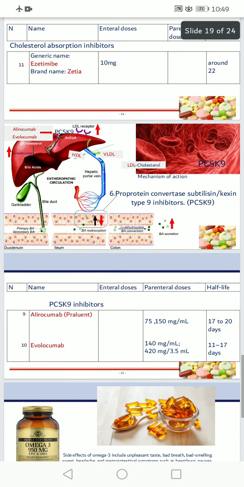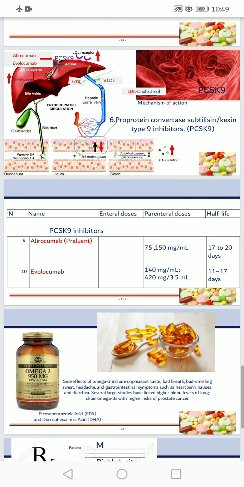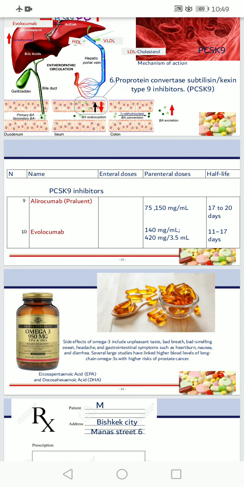And next is PCSK9. What is PCSK9? The PCSK9 enzyme circulating binds the LDL receptor on the surface of liver cells and promotes degradation of the receptor, so it cannot remove LDL from circulation. PCSK9 antibodies bind with and inactivate PCSK9. So more LDL receptors are present to clear circulating LDL, leading to decreased cholesterol levels.